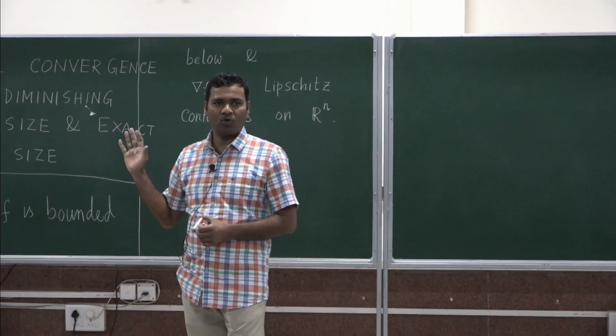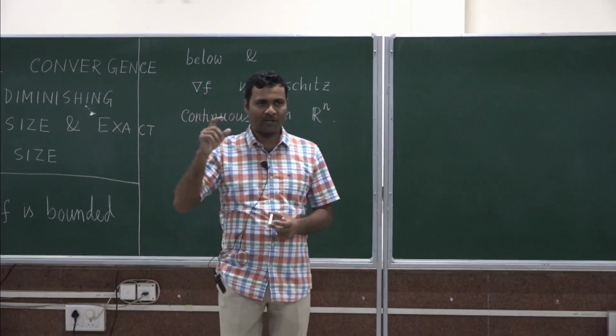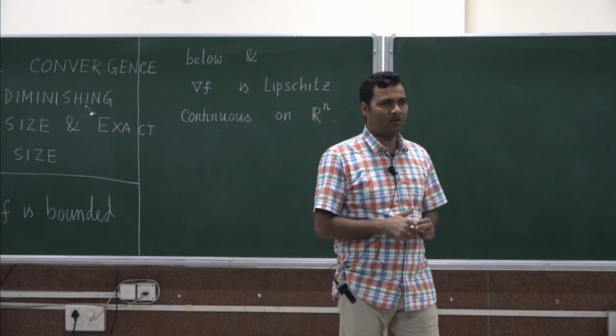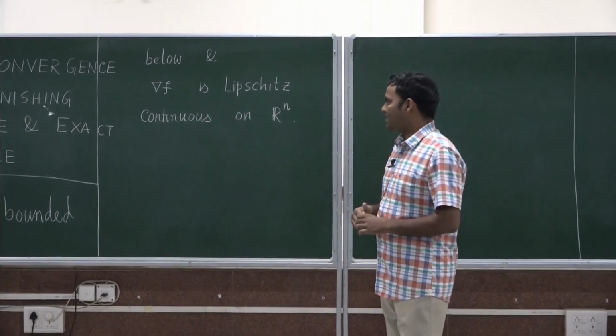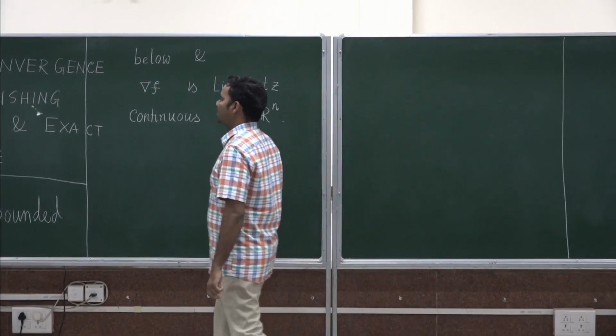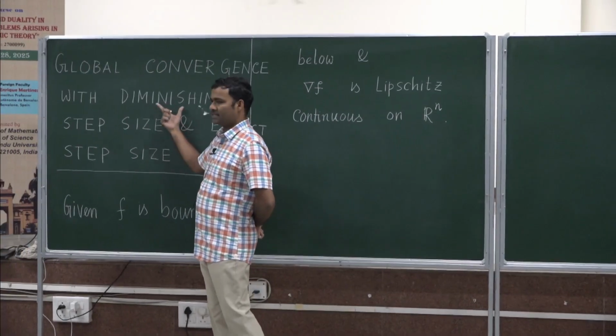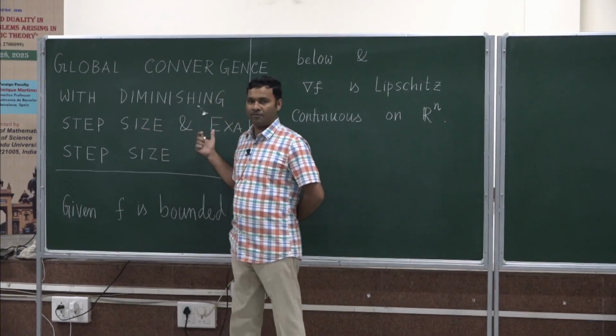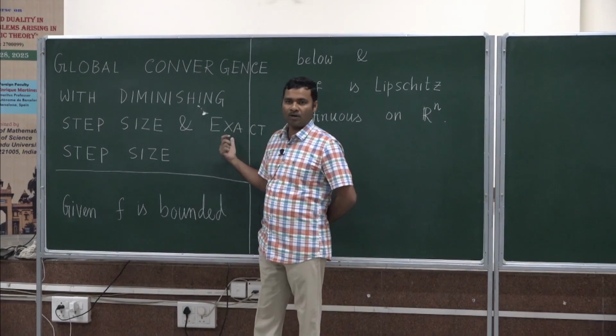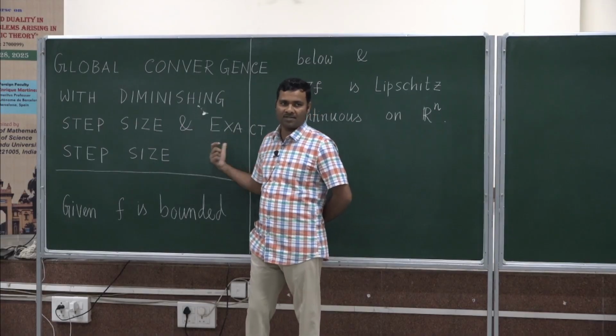These two particular results are the agenda for today's lecture. At first, I will prove the global convergence for diminishing step size, then I will end up with proving the global convergence under this exact step size rule.